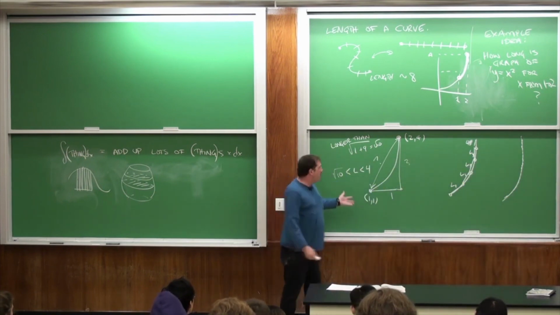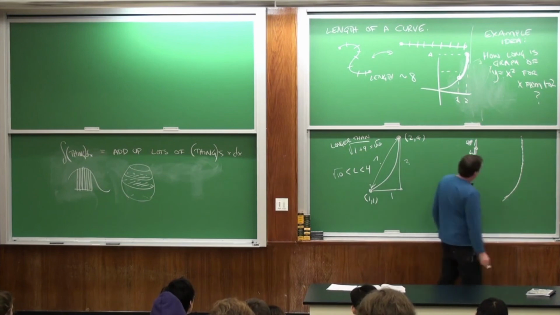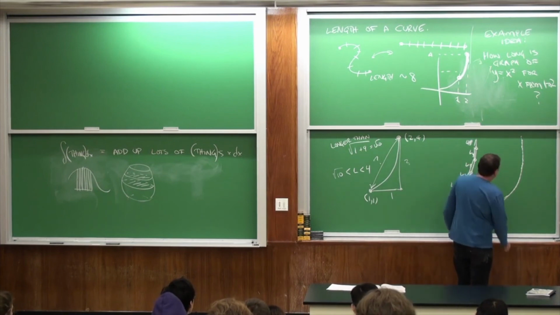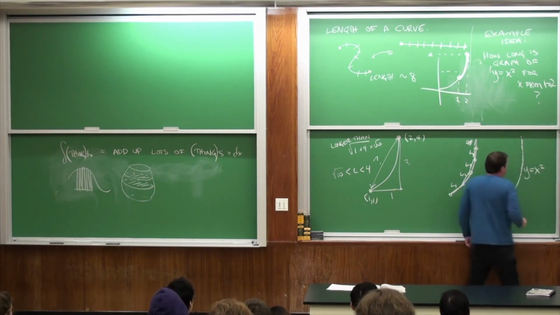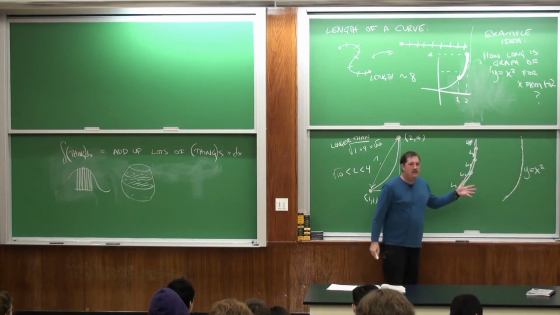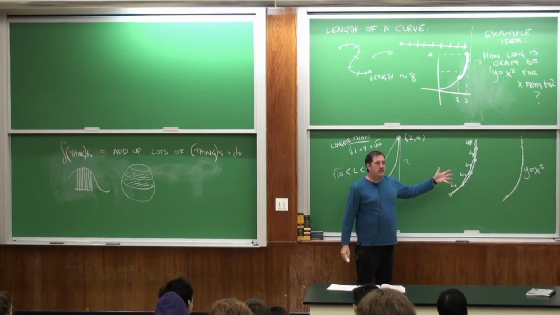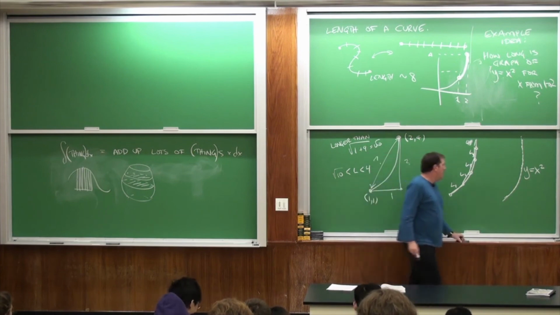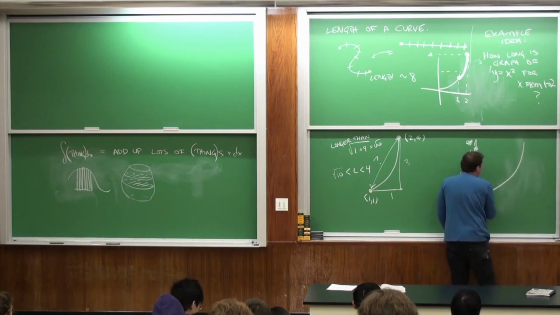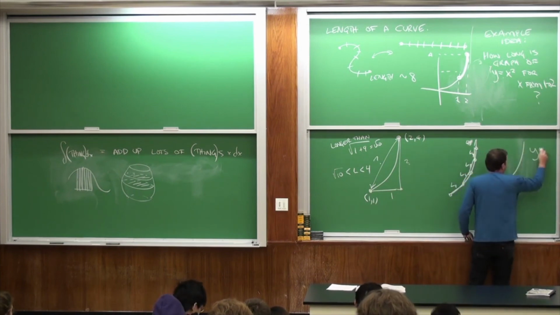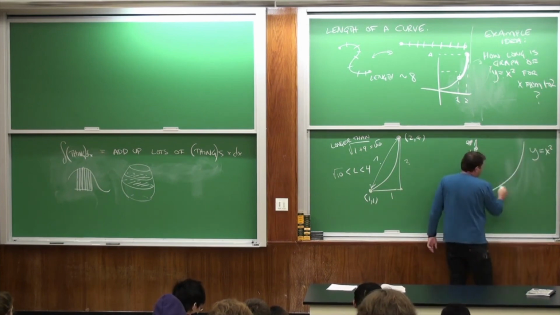So if we have a function, like y equals x squared, and I want to figure out how long this curve is on a very small scale, I'm going to measure just a little bit. So this is blown up.